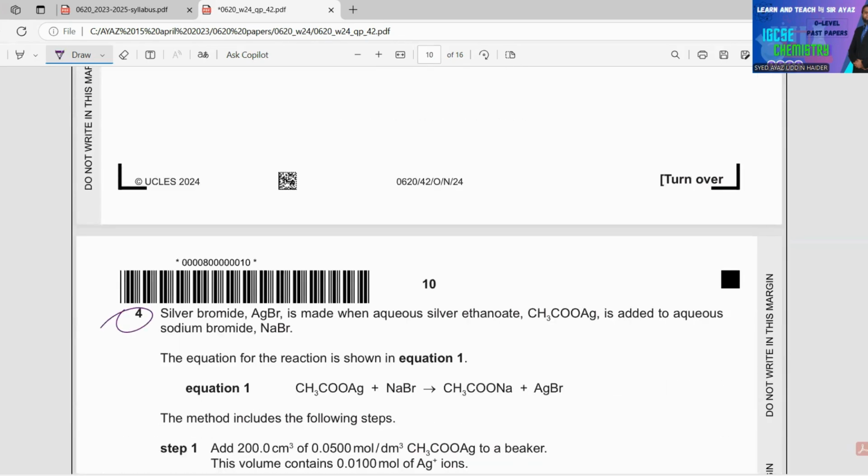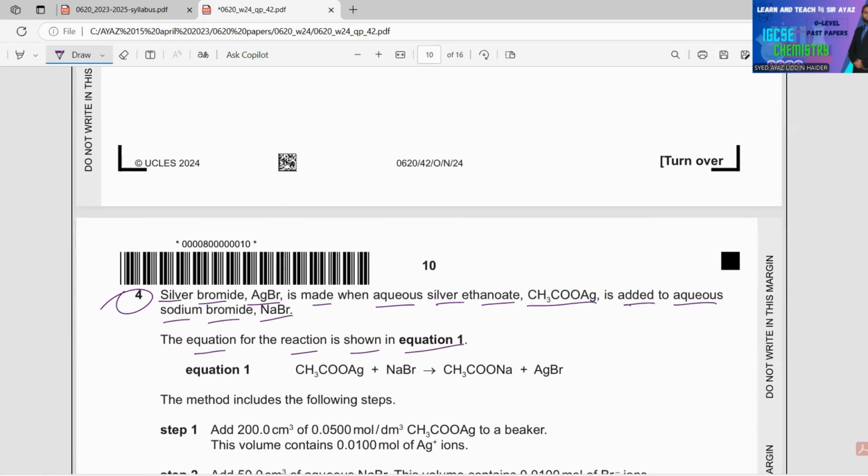Question number 4. Silver bromide AgBr is made when aqueous silver ethanoate CH3COOAg is added to aqueous sodium bromide NaBr. The equation for the reaction is shown in equation 1. So here's equation 1.